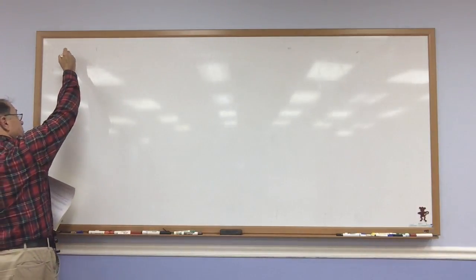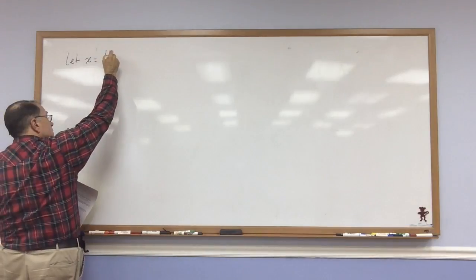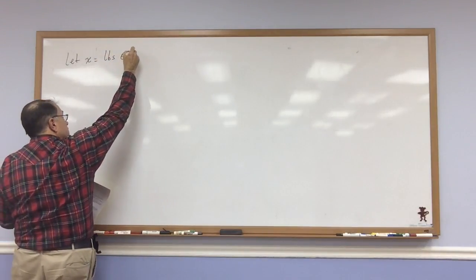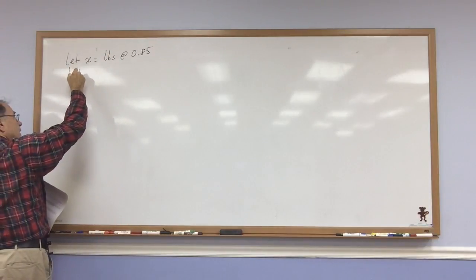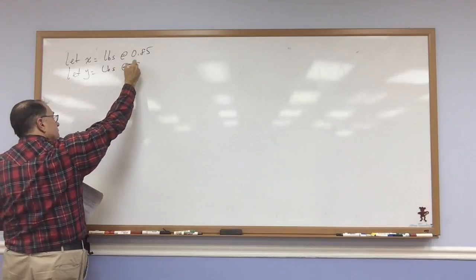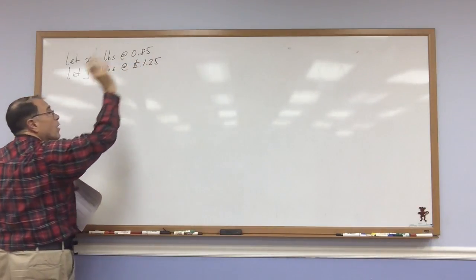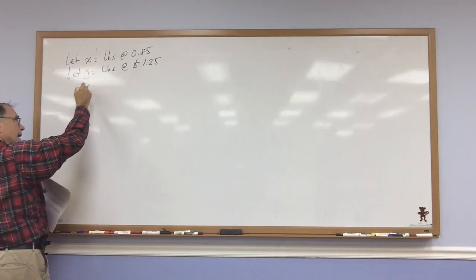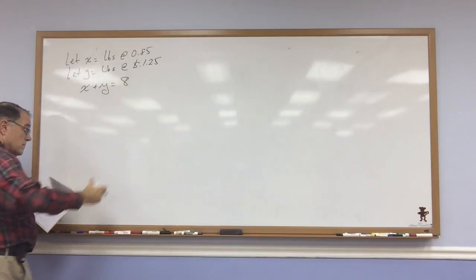I'll let that be represented by X. So let X be the pounds at 85 cents, and I will let Y be the pounds at $1.25. If I want 8 pounds, X plus Y will equal 8.